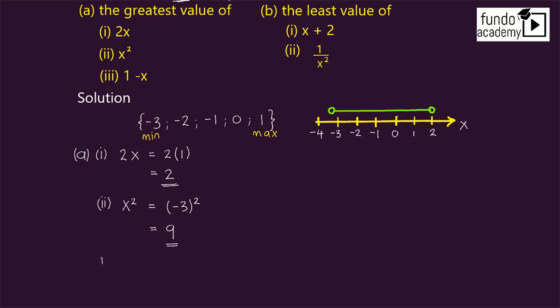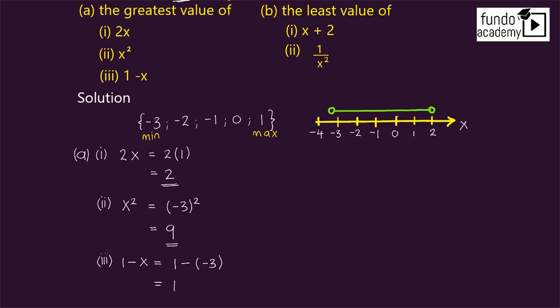Let's move on to part number 3, where we want to find the greatest value of 1 minus x. Now that's a difference. The greatest value of 1 minus x will come out when we subtract the least value, the minimum value of x, from 1. That's where we're going to get the greatest difference, and our minimum value in this case is -3.